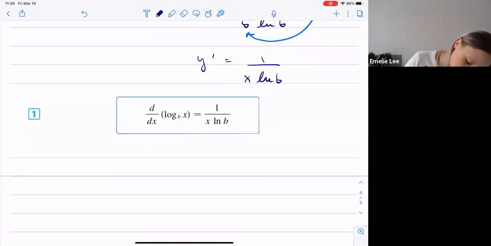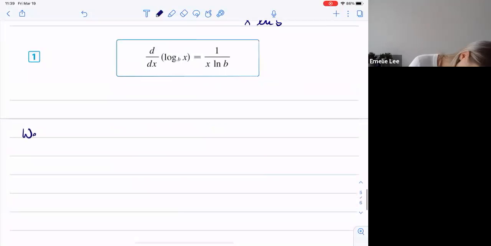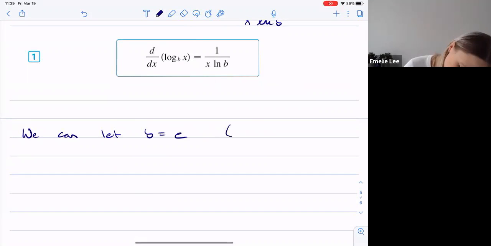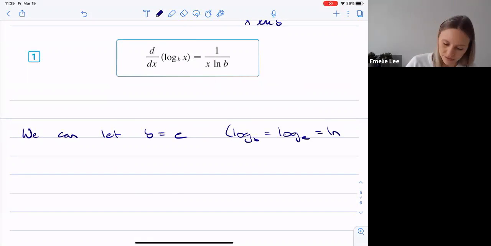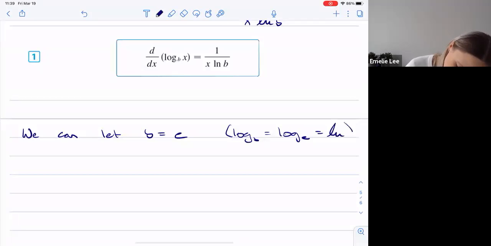So we can let b be e. Then log base b becomes log base e, which is just ln.